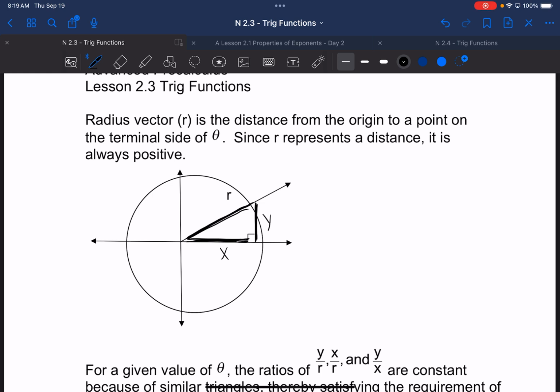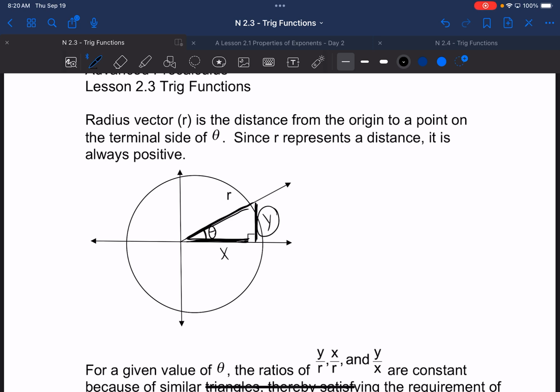All right, so whenever we are talking about our ratios for trig, for sine, cosine, tangent, or their reciprocals, remember cosecant, secant, and cotangent, your y is over here, right? And this is our angle. If we're on the unit circle, this is my theta. So y is always going to be opposite from theta, right?